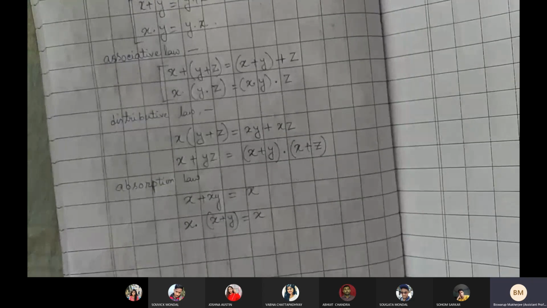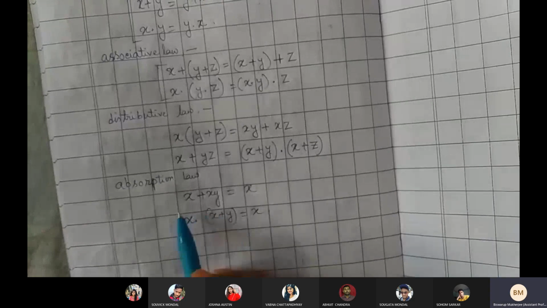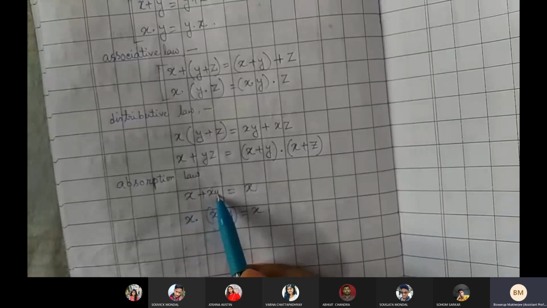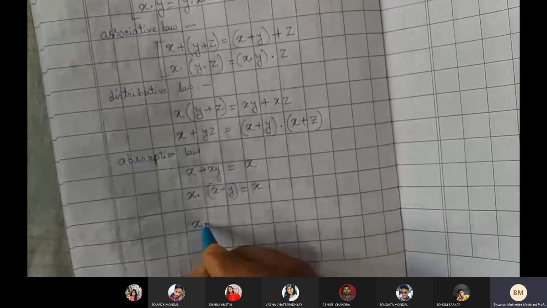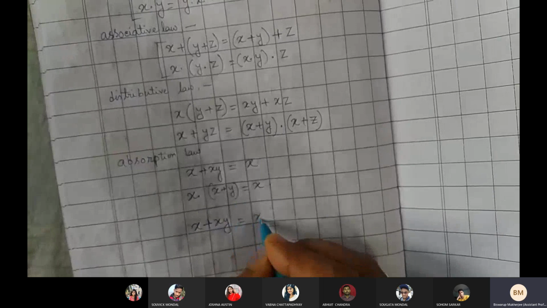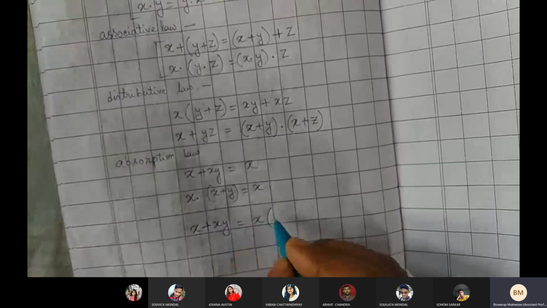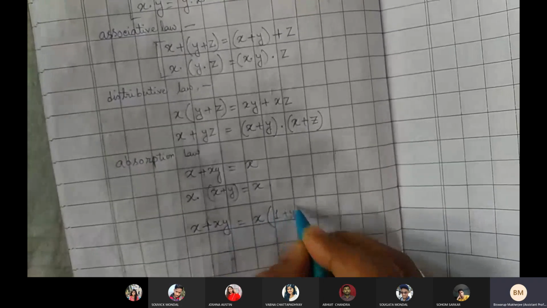So obviously, how does x plus xy come? If we take common x, it becomes 1 plus y, right?